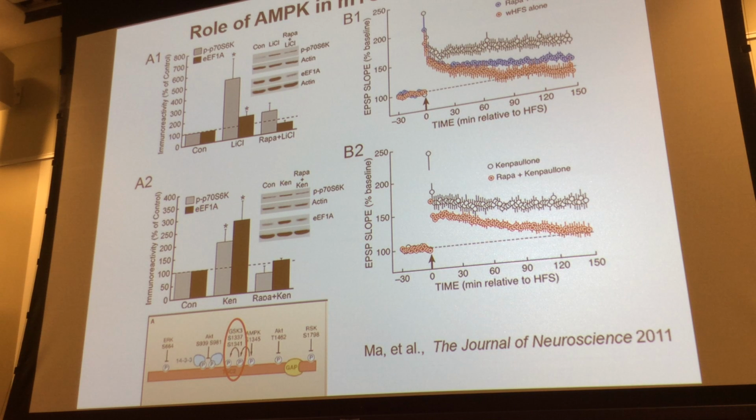It's converted into a long-lasting LTP. And this is sensitive to the mTOR signal, because if you put in rapamycin, it's going to be down. All right.